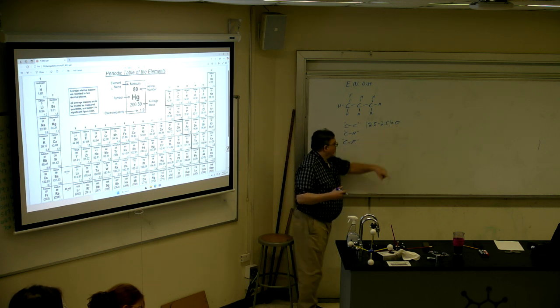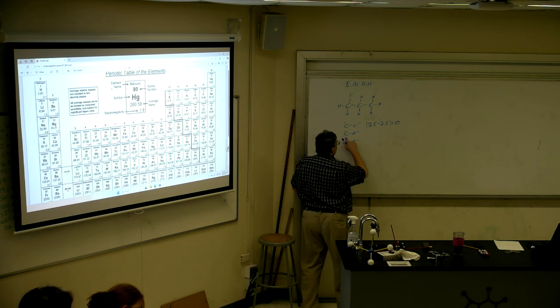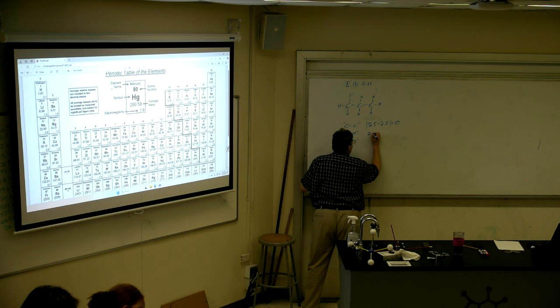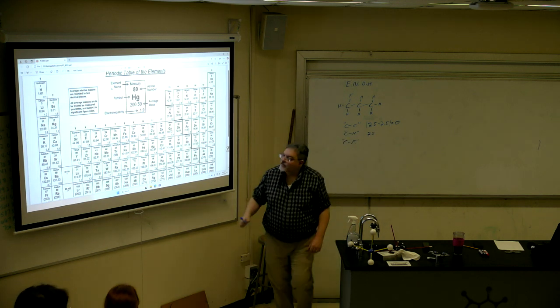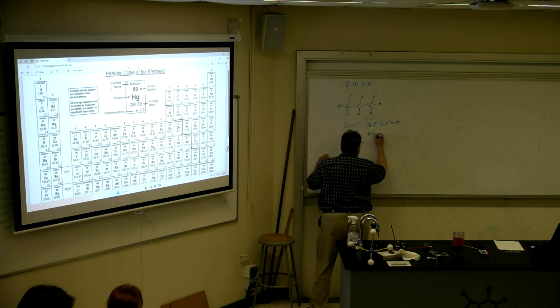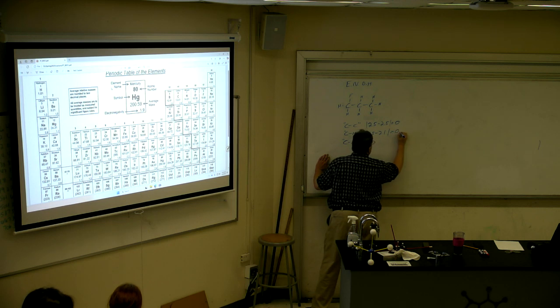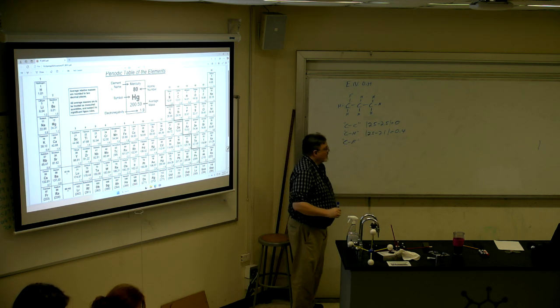So there's no polarity there. Carbon to hydrogen, that's 2.5 for carbon. And for hydrogen, it's 2.1. So the difference there is 0.4.